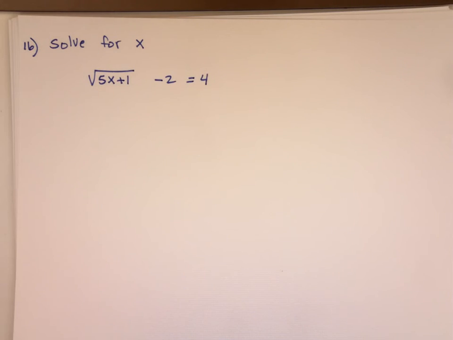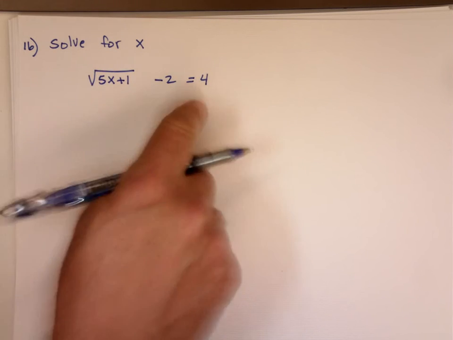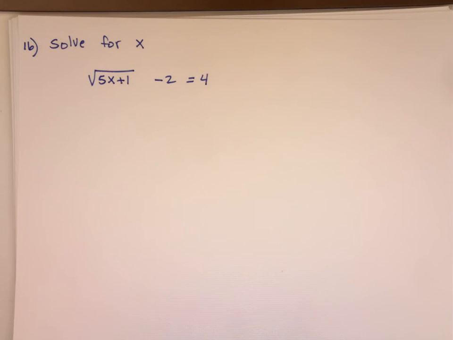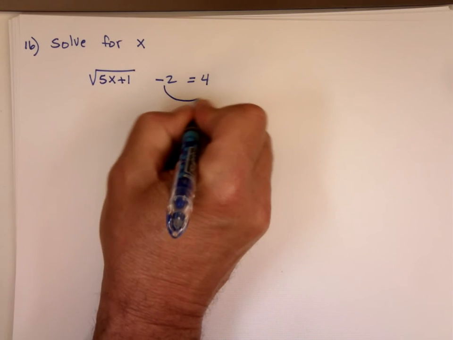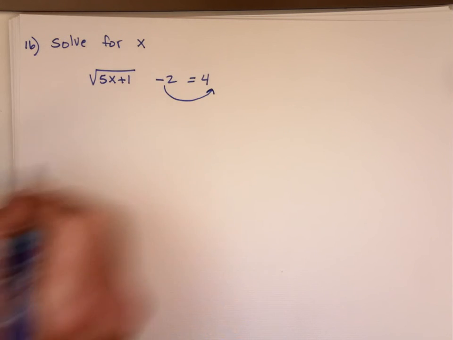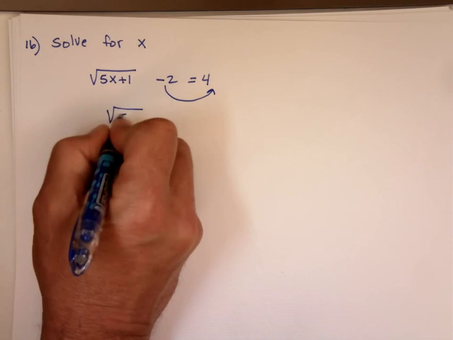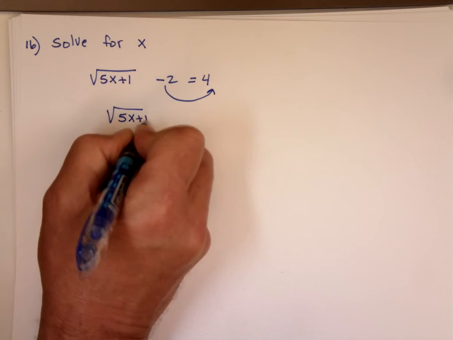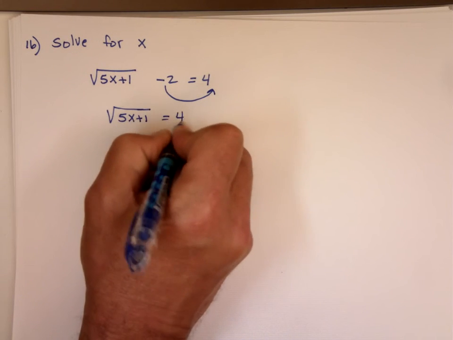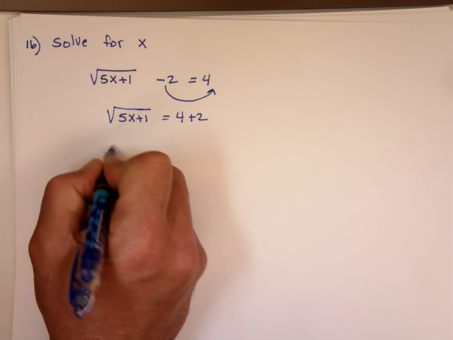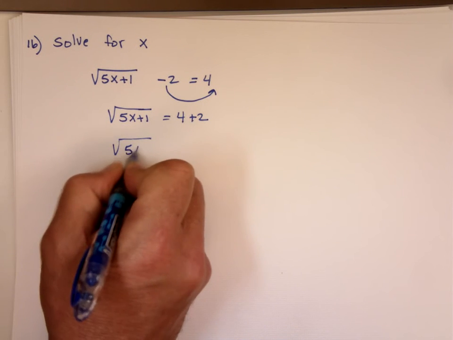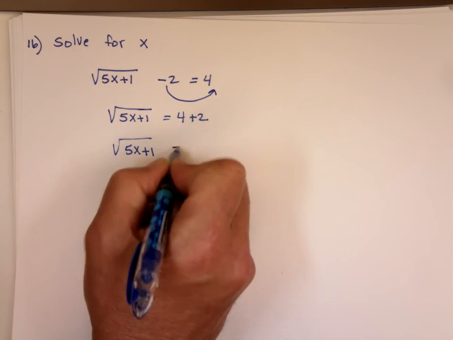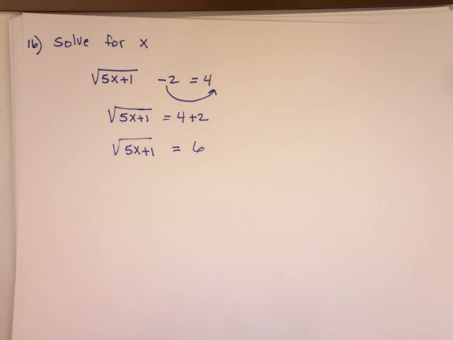Again, I only see one square root, which means I need to isolate that. To isolate that, the minus 2 has to go there, and that becomes a plus 2. And what is 4 plus 2? Isn't that a 6? So I did isolate the square root.